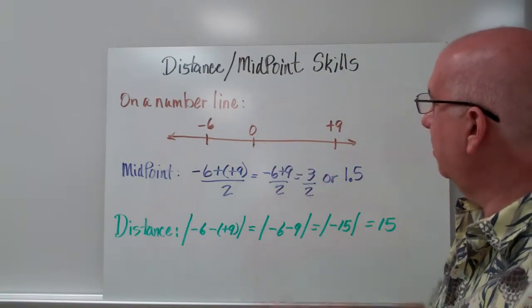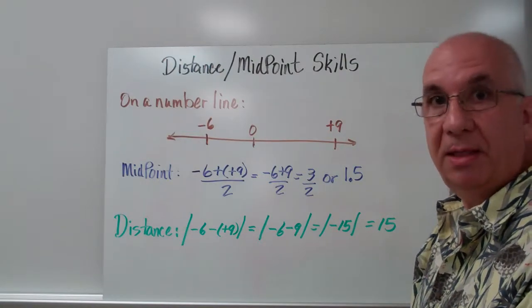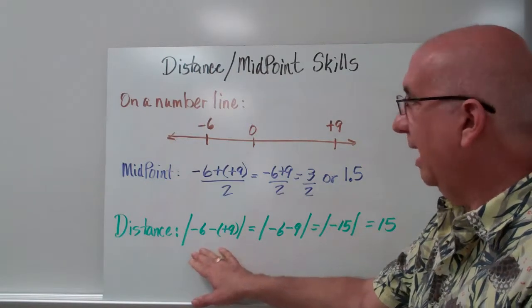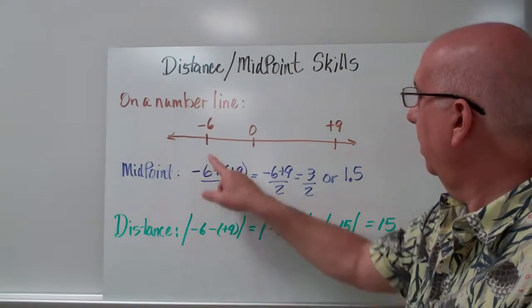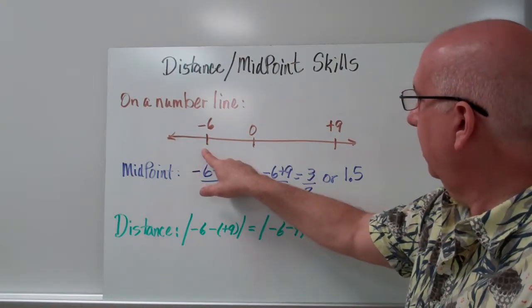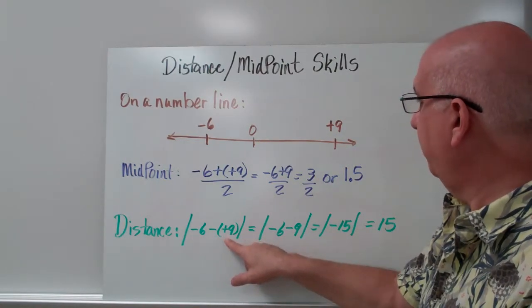To find the distance between these 2 points, distance is always positive, it is never negative. I need to take the absolute value of the difference of these. So I start with this one and I subtract this. So I have the absolute value of -6 minus a +9.